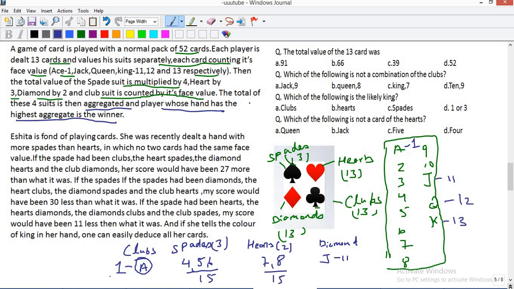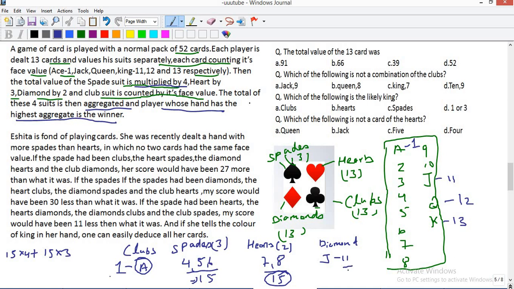Now to calculate the aggregate score, I'll be multiplying spades by 4. I have to multiply spades by 4, so the spade face value total was 15. 15 into 4 is 60, plus I have to multiply similarly hearts by 3, diamonds by 2. The hearts face value total was also 15, so I'll multiply hearts by 3.